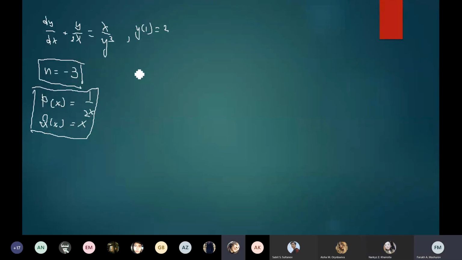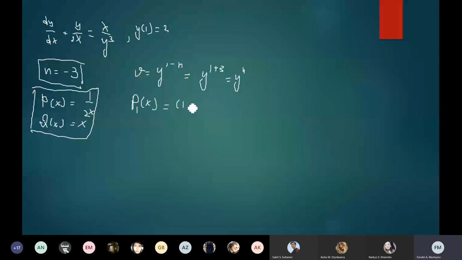Okay, if you don't have questions, we again change v equal to y to the power 1 minus n. In our case, n is equal to minus 3. It means that y to the power 1 plus 3 is y to the power 4. So our v is equal to y to the power 4. We need to find p1(x). Again, we know that p1(x) is equal to (1 minus n) p(x). 1 minus n is our 4, and p(x) is equal to 1 over 2x. The 2 and the 4 cancel, and we have just 2 over x.